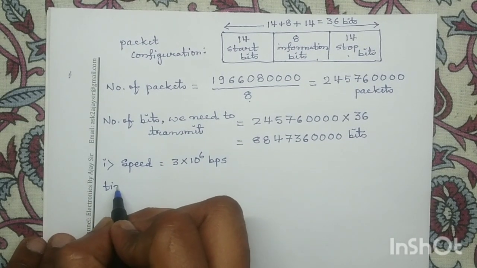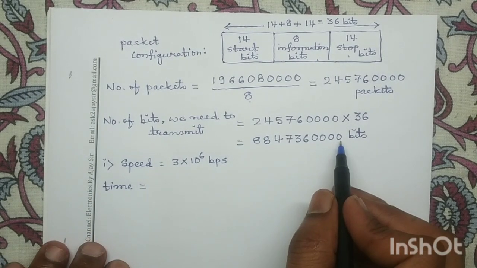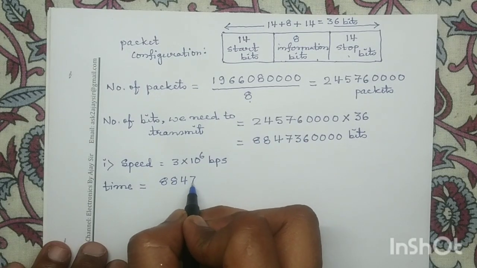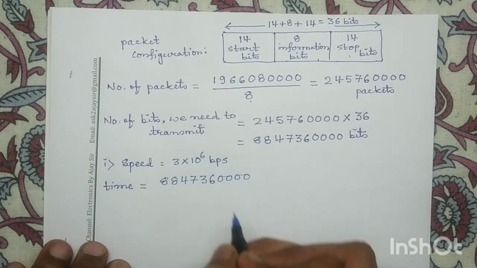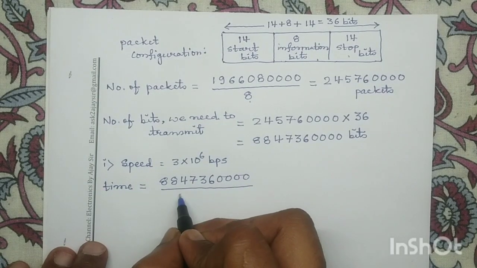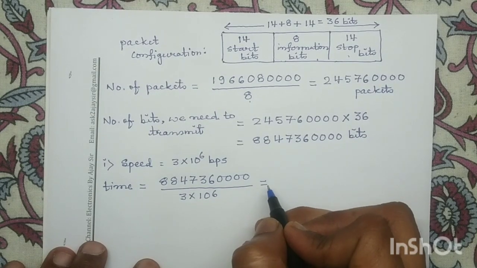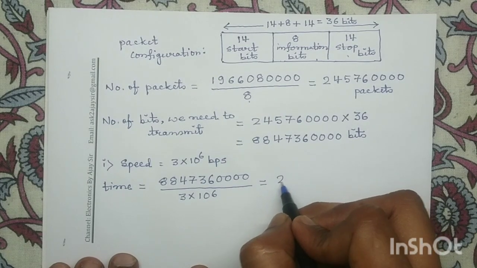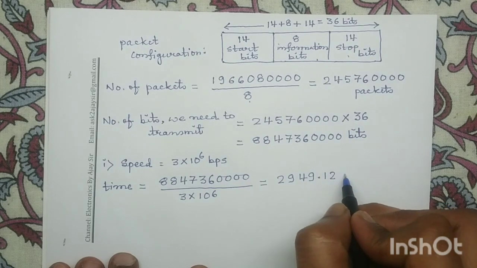Transmission time is equal to the total number of bits that we have to transmit, that is 8847360000, divided by the speed, that is 3 into 10 to the power 6. If we simplify this, we will get the transmission time as 2949.12 seconds.